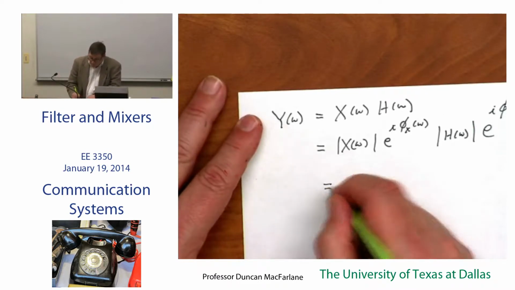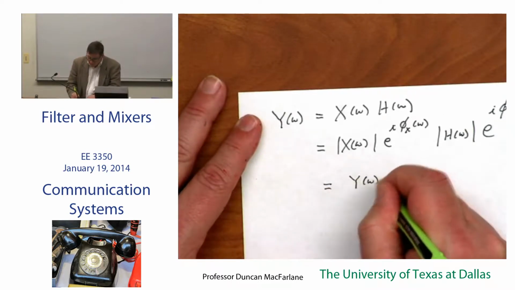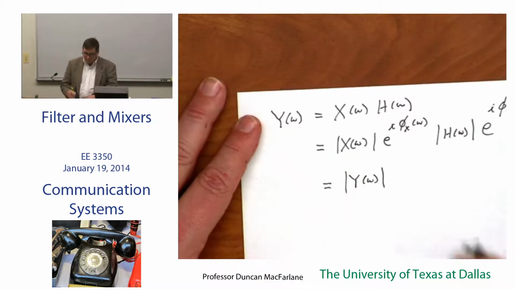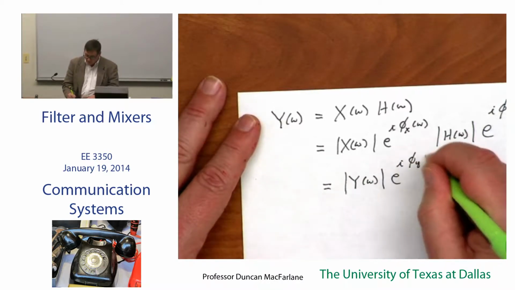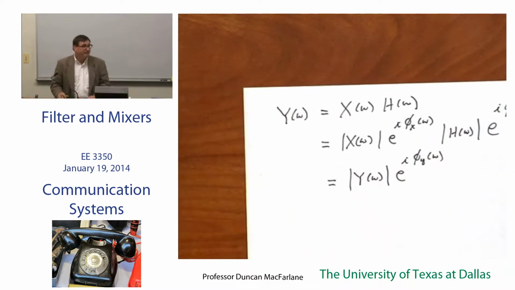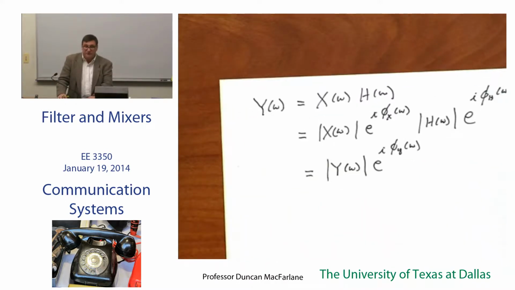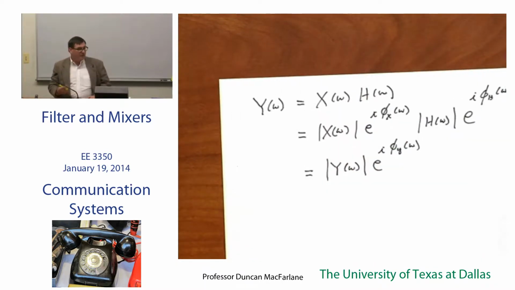And this is equal to the magnitude of Y of omega multiplied by the overall phase response or phase function of Y of omega. Okay? Nothing fancy here, right? I'm just writing this expression in terms of polar form.